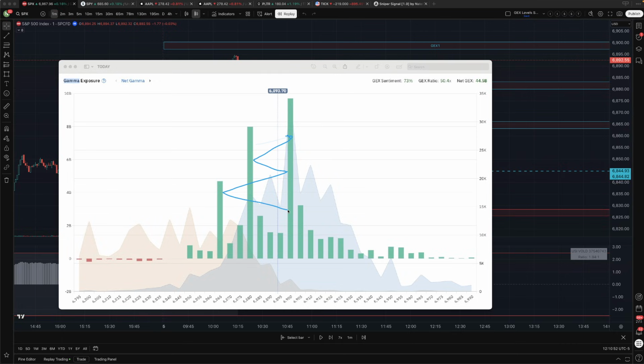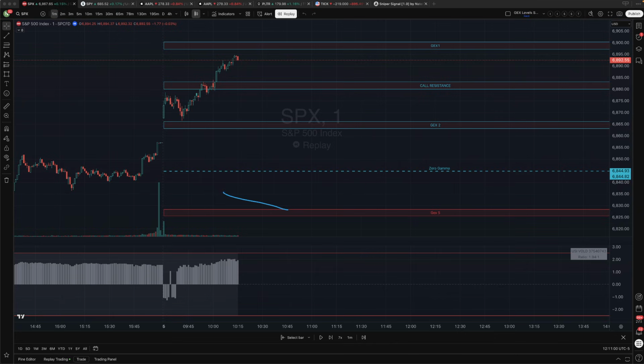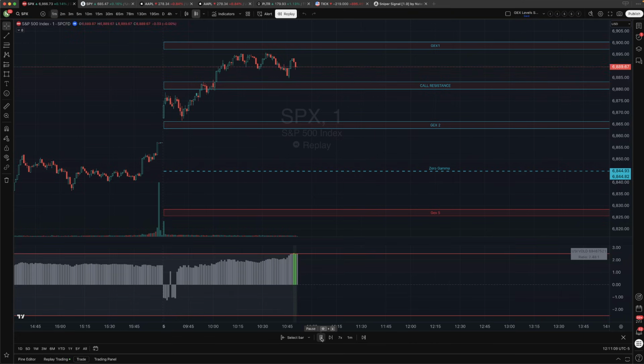As you can see, when we go back to the chart, I've drawn those three levels on the chart. And as we watch price play out, we came up and didn't quite touch that level, but we got close enough.